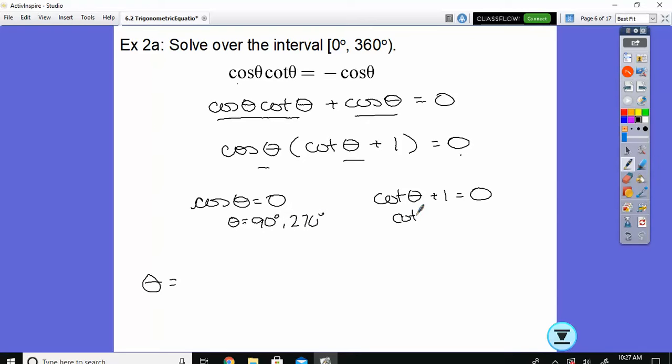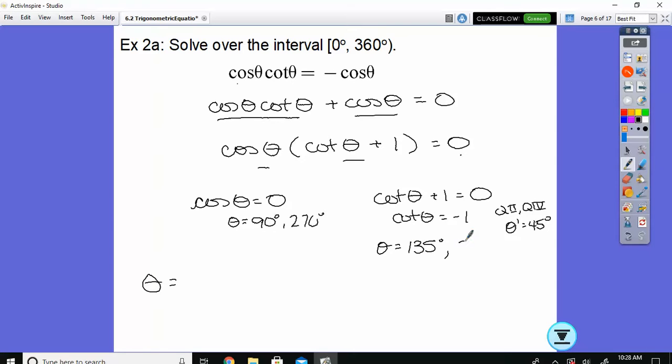This one tells me cotangent is equal to -1. So in what quadrants is cotangent negative? 2, 4. Reference angle, when is cotangent 1? Degrees. Okay, so 45 degrees in quadrant 2 would be 180 minus 45, so that's 135.